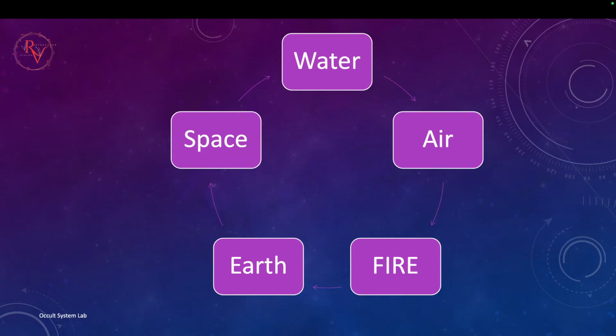Now the next thing which you need to understand is the elements. So entire Vastu Shastra is concerned about balancing the 5 elements. Okay, it is as simple as that. Like in Ayurveda, they also talk about the balancing of the 3 doshas, right?